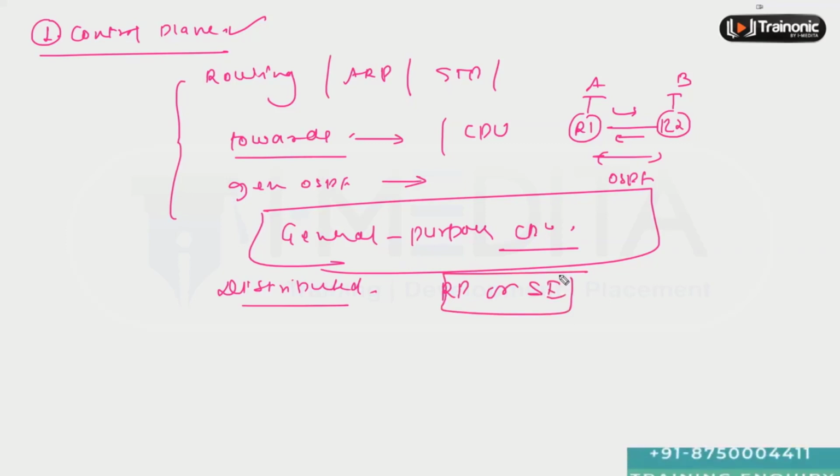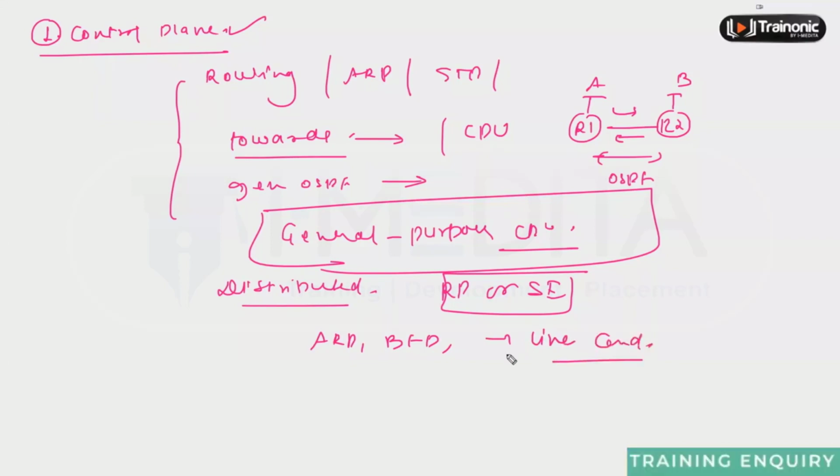Major protocols run under this route processor or supervisor engine. Some protocols such as ARP, BFD, ICMP are sent to the line cards of the device. They don't run on the centralized route processor engine, but that is limited to devices with a distributed architecture.